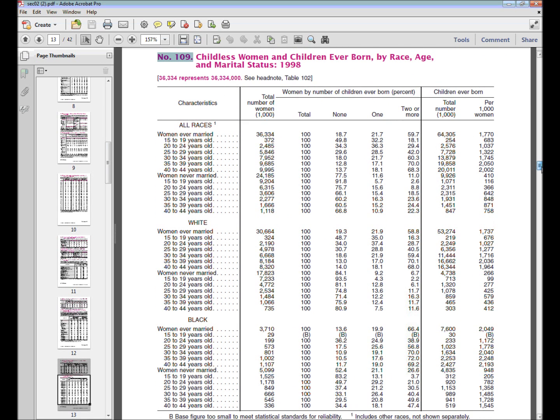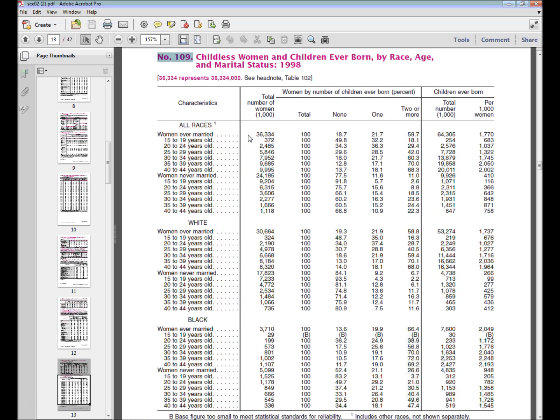Now again, this is a real tricky table, and a lot of the homework has you working on tricky tables so that you'll do well on the exam. So this is childless women and children ever born by race, age, and marital status. So here are all races, and this is women who were ever married, and women who were never married. And then this is all races, white women and black women.